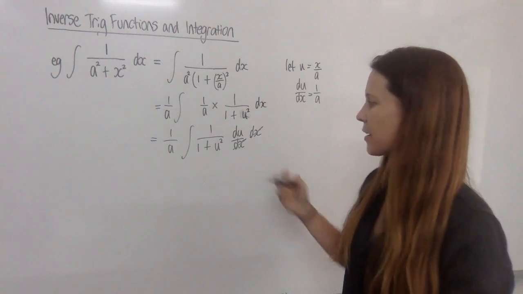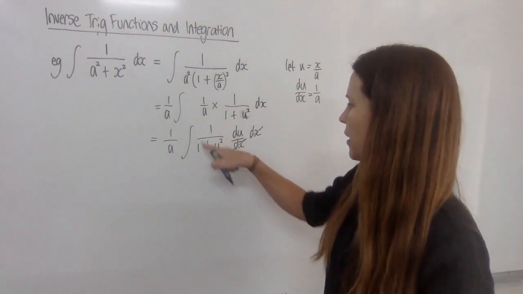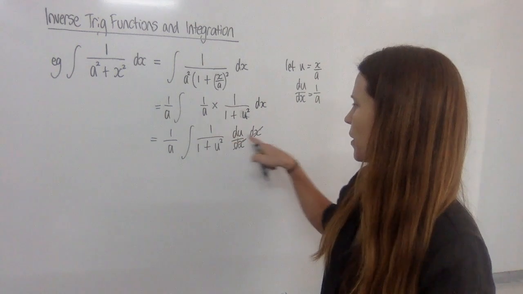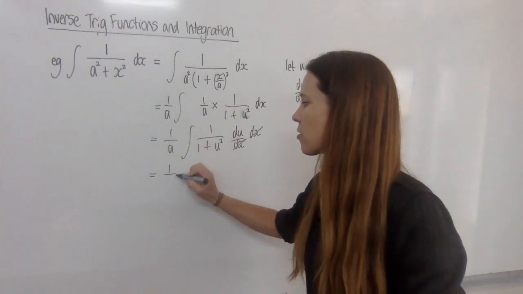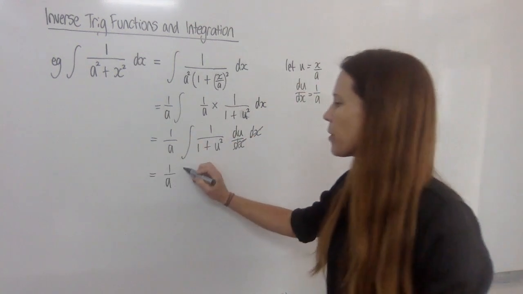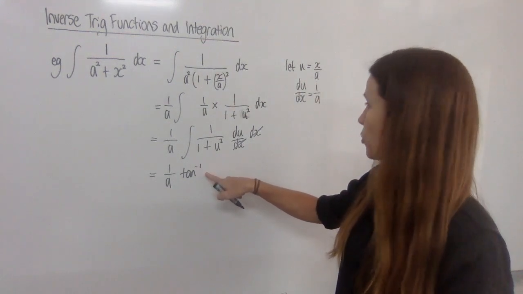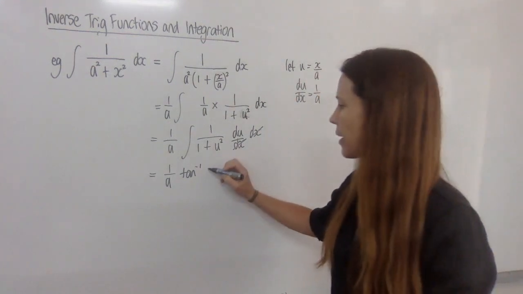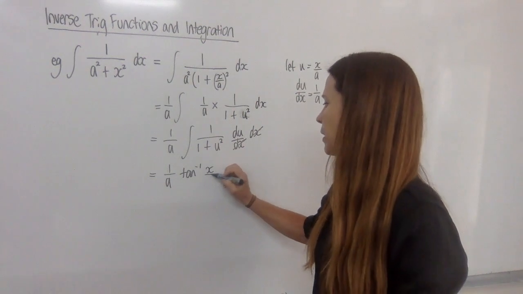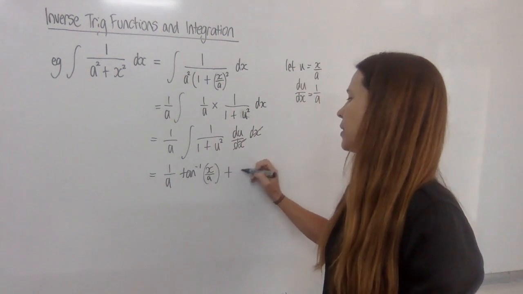Again, the dx's cancel, and now we can integrate this part with respect to u, but our 1 over a still stays floating out the front. So what we end up with is the inverse tan of u, where u is x over a, so we have x over a like that, plus c.